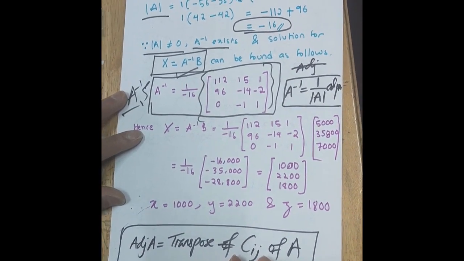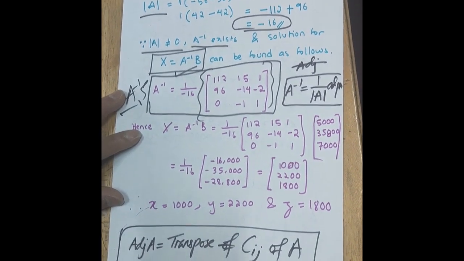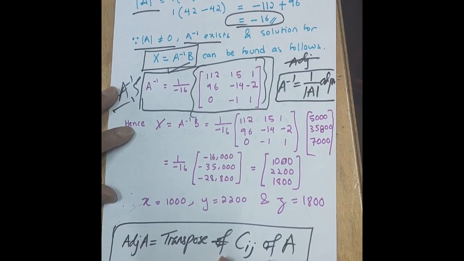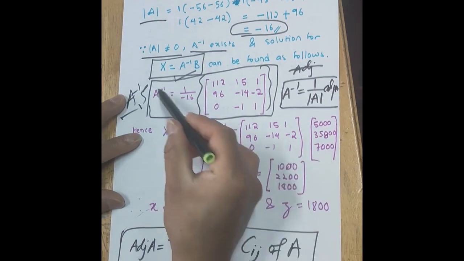So how do you get the cofactor matrix? You have already gone through that in the third unit. Keeping that in mind, we have directly given the adjoint of the matrix A.